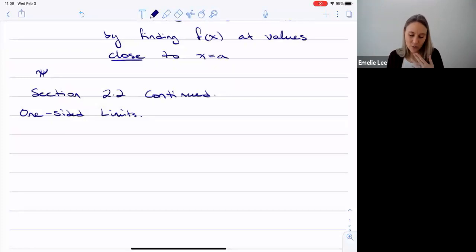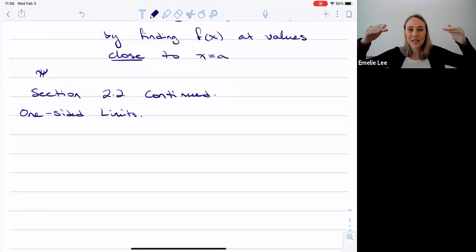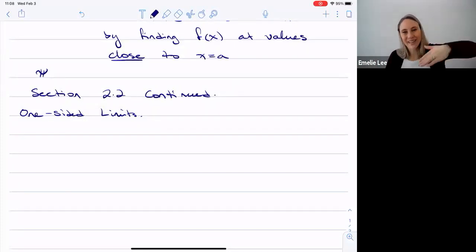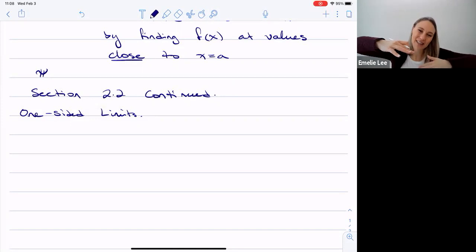So you can come in from the left or from the right to a point. Spoiler alert, what we'll find is that the overall limit only exists if those two limits are the same. So you can have a left-handed limit and a right-handed limit, but the overall limit only exists if they're the same.